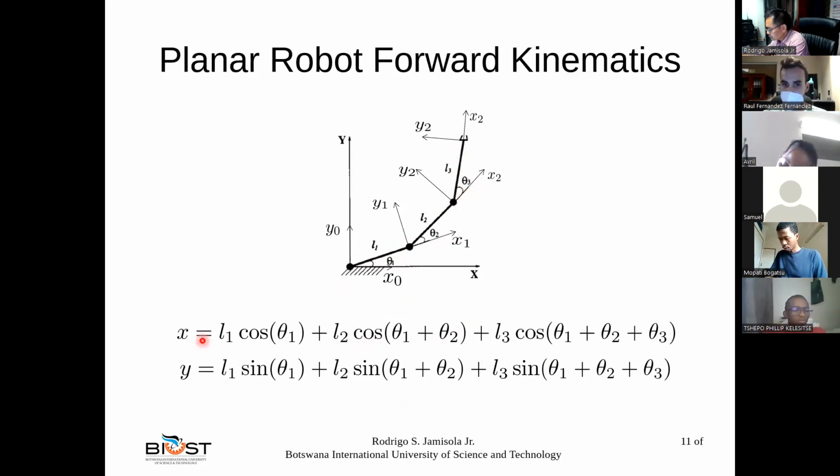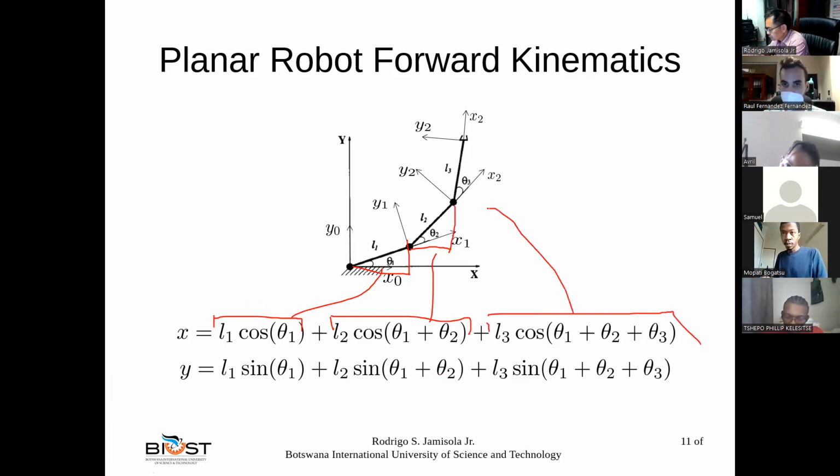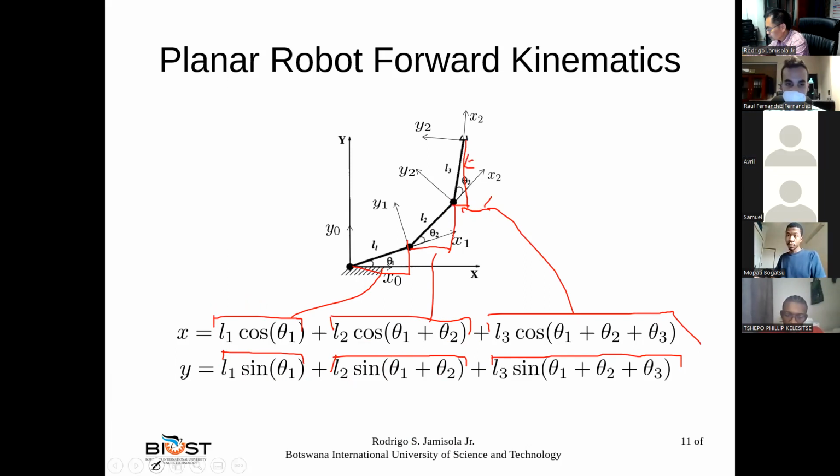This will be this distance, this will be this distance, and this will be this distance. The same goes for these ones, but instead, just as the last time, we use the sine instead of the cosine. Okay, so that's the idea.